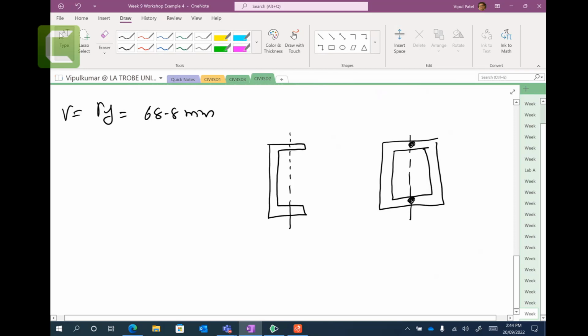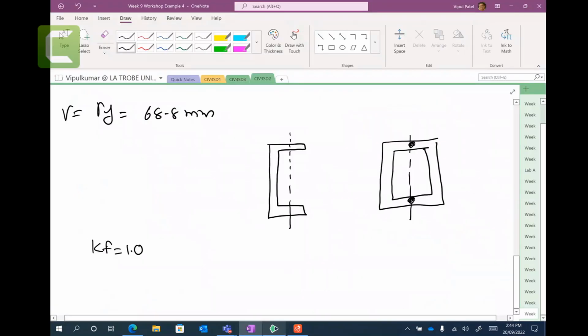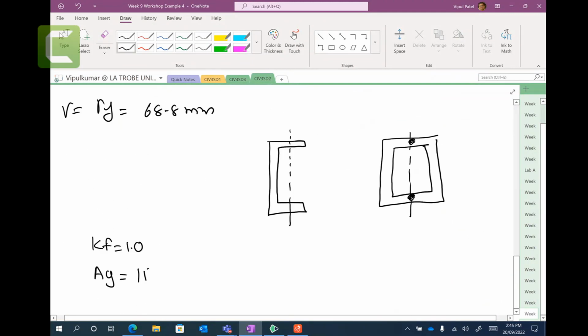So Ry equals 68.8, Kf equals 1. Let's check. Kf equals 1, that's fine. Gross area equals 10220 millimeter square.